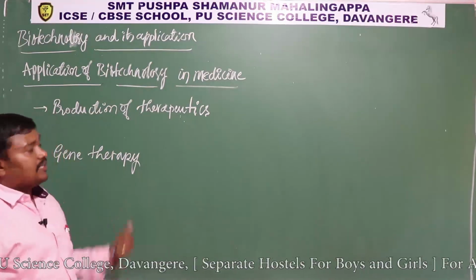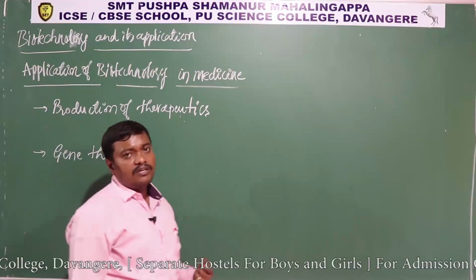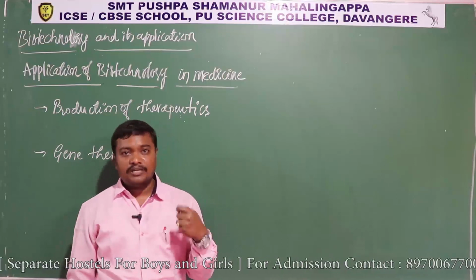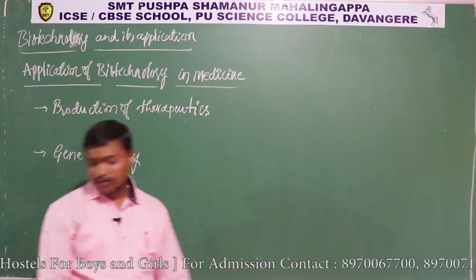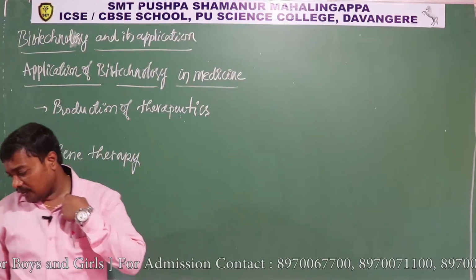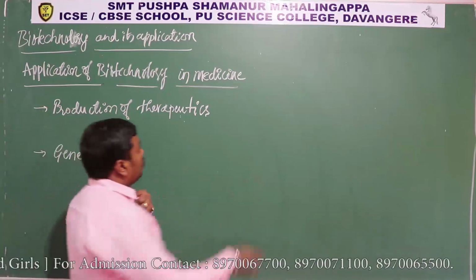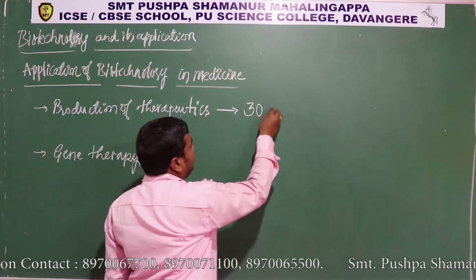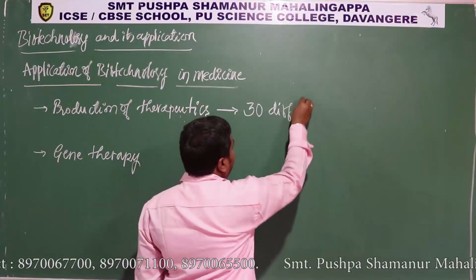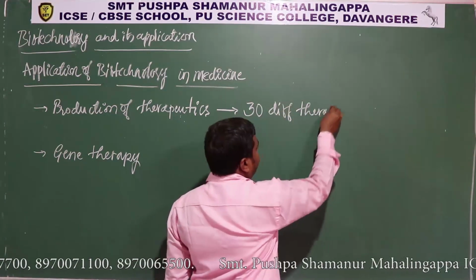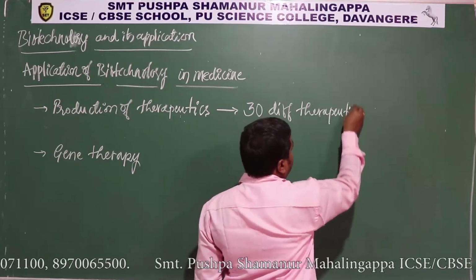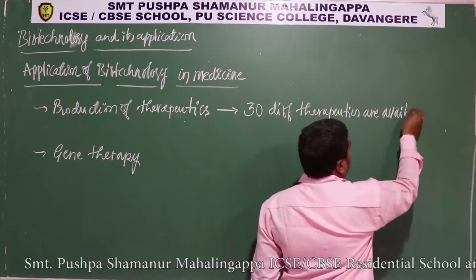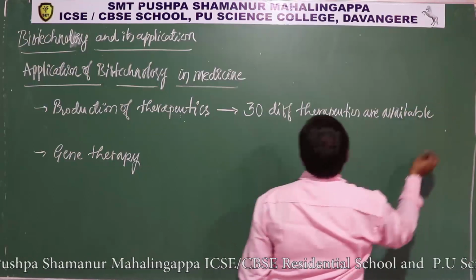So what is therapeutics? Therapeutics are the substances which are used as medicines or drugs to cure particular diseases and disorders. By using biotechnology, about 30 different therapeutics are available across the world.